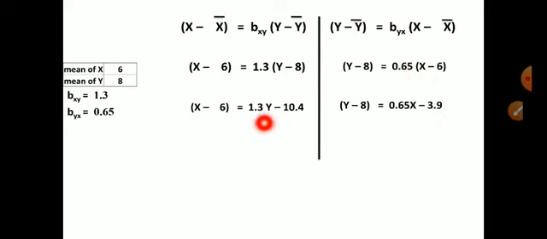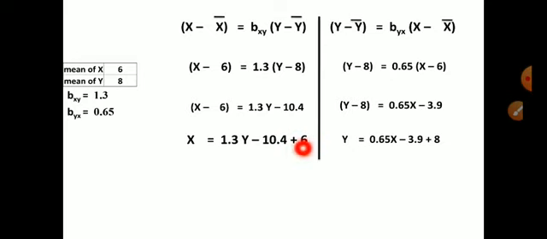Now, the minus x you have to bring to the right hand side, that is plus 6 it will become, and here also minus 8, if it comes this side, will become plus 8. So x will be 1.3y minus 10.4 plus 6, that is you will get the equation x equals 1.3y minus 4.4.